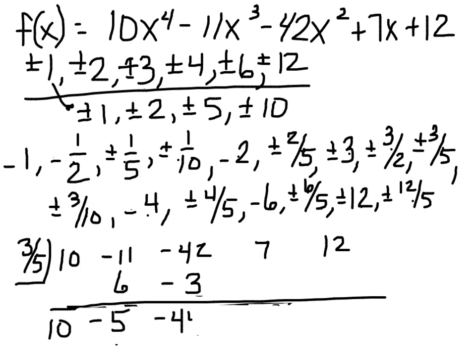Which makes that negative 45. What's 3/5 times negative 45? Negative 27. Negative 27 plus 7. Negative 20. What's the magical number at the end? Negative 12. Yay! Finally, we found one that works.